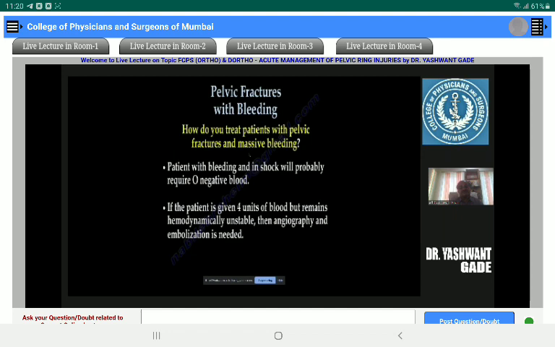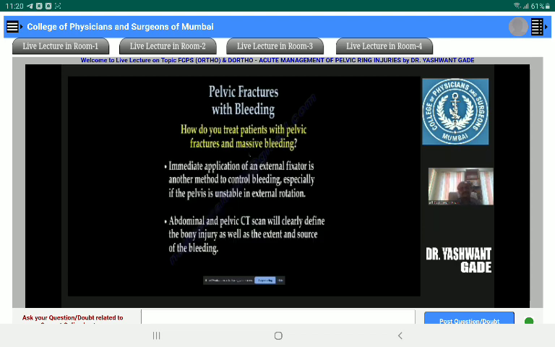In that particular situation, we should be very ready and very vigilant to get the blood transfusion. If the patient is given 4 units of blood but remains hemodynamically unstable, then angiography and embolization of the artery is required. That is an advanced procedure one must go for to save the life of the patient.